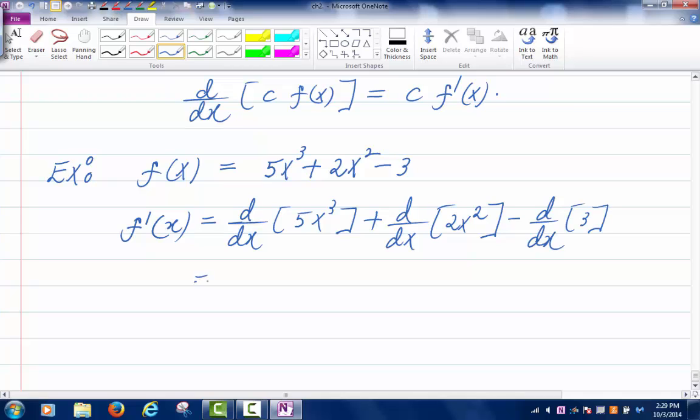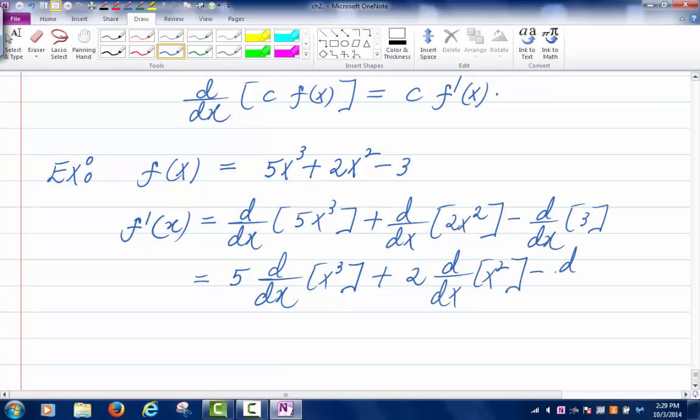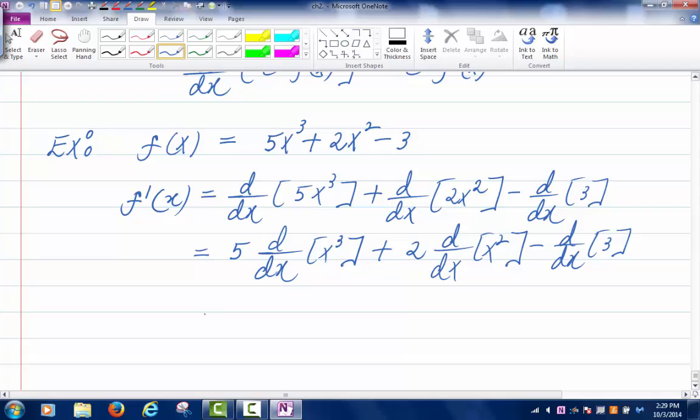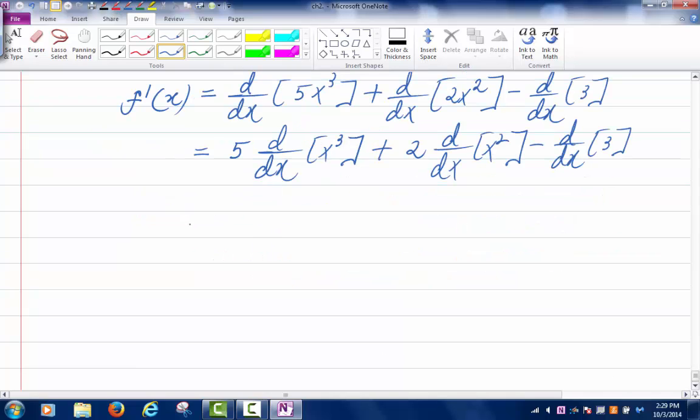Now, the second formula above says that I can write the derivative of 5x cubed as 5 times the derivative of x cubed plus 2 times the derivative of x squared minus the derivative of 3. I'm not going to do anything with this, I'll just keep it as derivative of 3. Now we are going to apply the power rule.